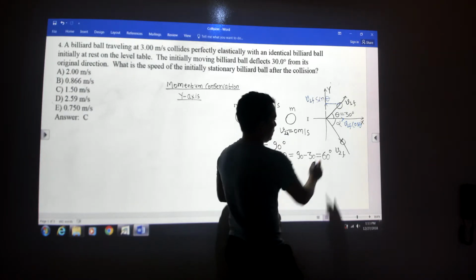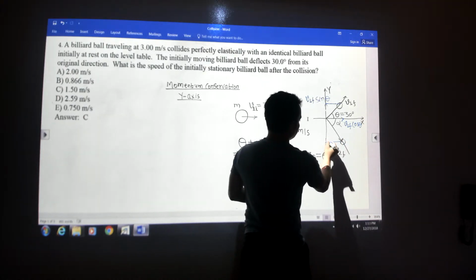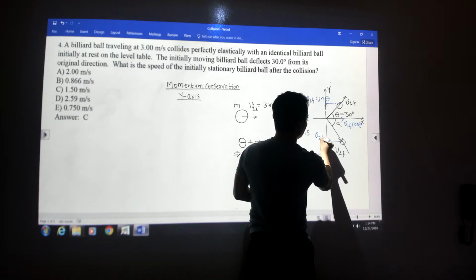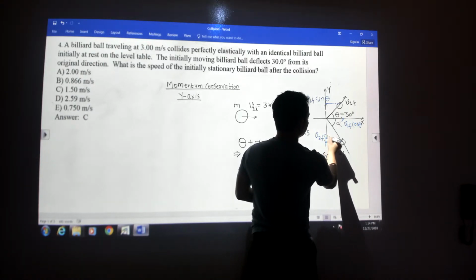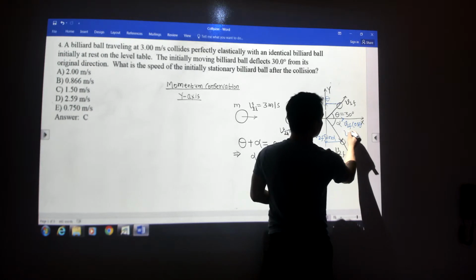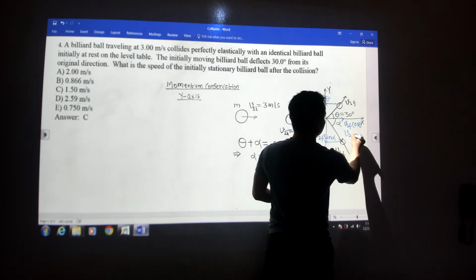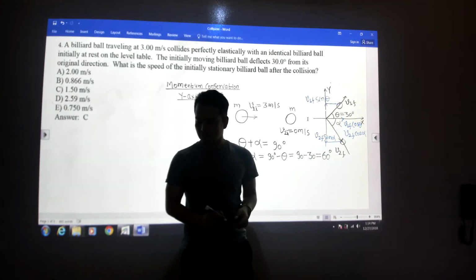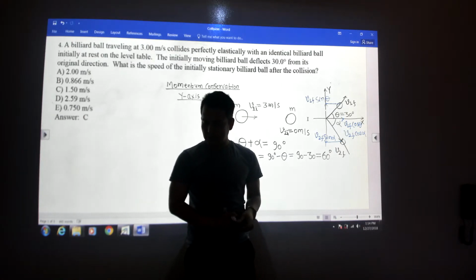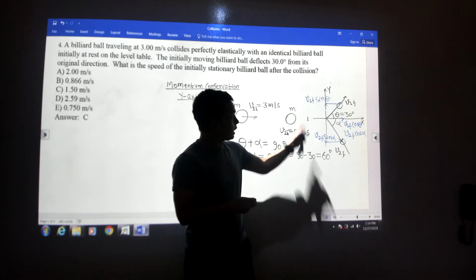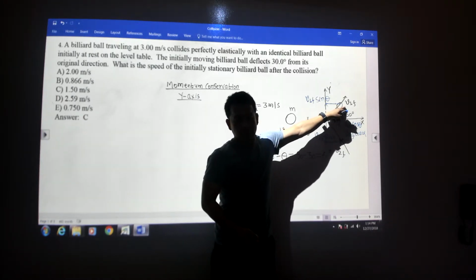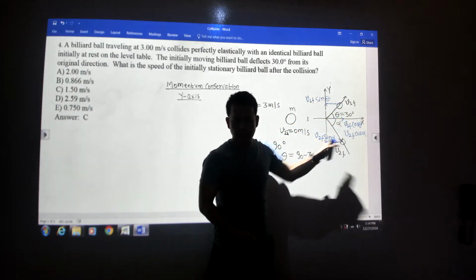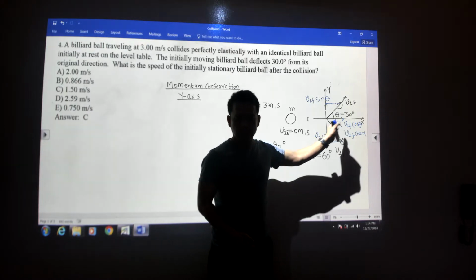For the other ball, the component along the y-axis is V2F sine alpha, and along the x-axis it is V2F cosine alpha. I'm just taking the components. This is V1F, so the y component is V1F sine theta and the x component is V1F cosine theta. In the same way, V2F sine alpha and V2F cosine alpha.